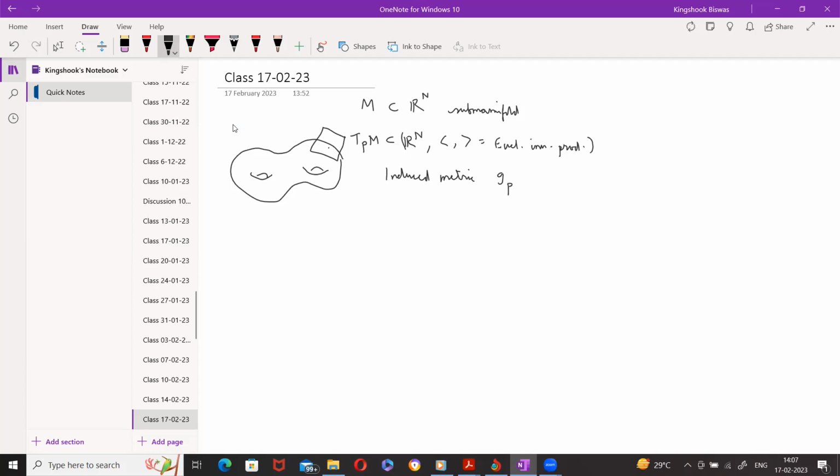So at a point P, g_P is the Euclidean inner product restricted to T_P M.